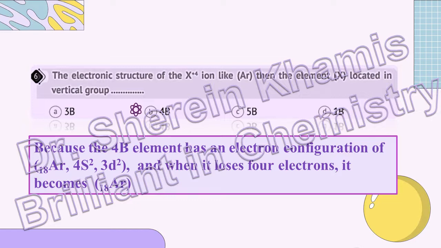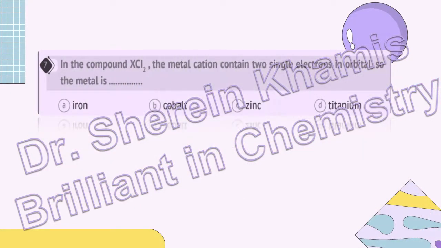Okay, let's go to question 7. Question 7 says that in the compound XCl2, the metal cation contains 2 single electrons in its orbital. So the metal is iron, cobalt, zinc, or titanium. Let's discuss our question.